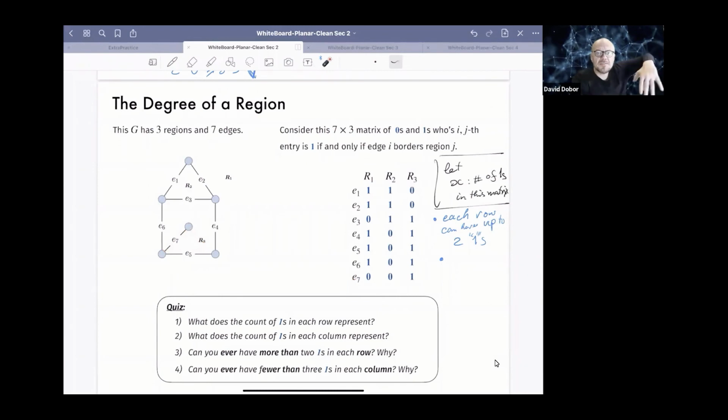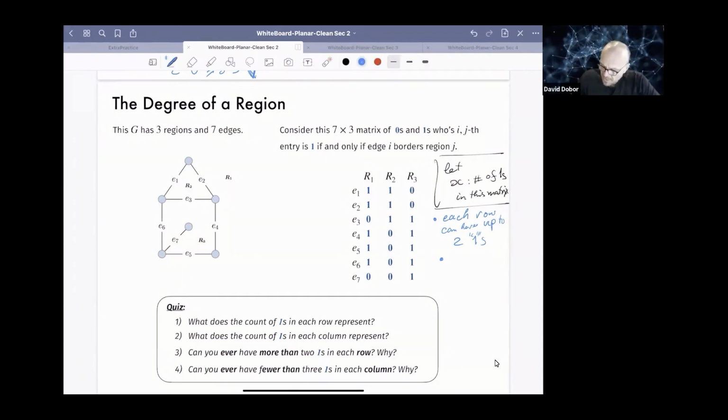So you have this fence surrounding your backyard, and from one corner into your backyard, there's this edge just jutting in. No one outside of your yard sees this edge. This edge is only inside this region that is in your backyard. So yes, you can have just one 1 here, but there's no way you can have 3 1s in any row. Agreed?